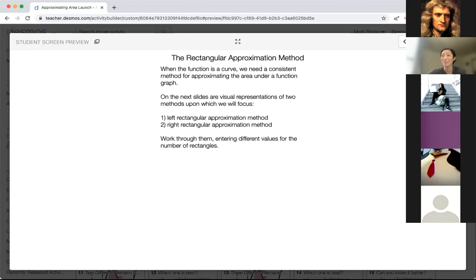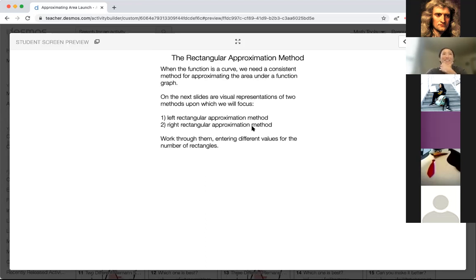Guesses to that acronym? Exactly. So LRAM is your left approximation method. There's going to be another one, so maybe that's not the best way to go. RRAM is your right approximation method.